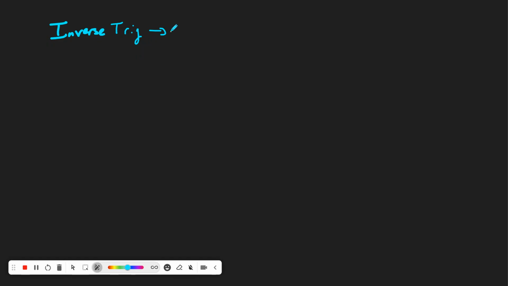Now you've used inverses all your life: adding, subtracting inverses, multiplying, dividing inverses, squared and square root inverses. So for trigonometry, if I want to find an angle measure, if I want to find one of the acute angles in the right triangle, I'm going to use inverse sine, inverse cosine, or inverse tangent.